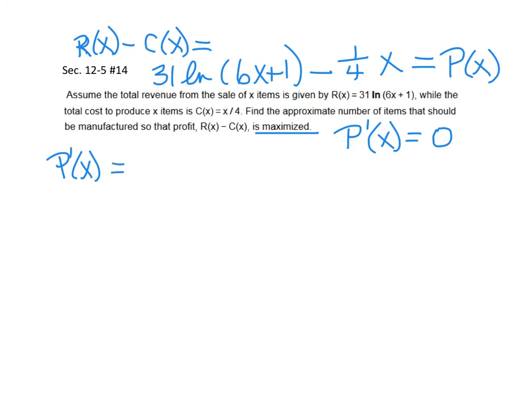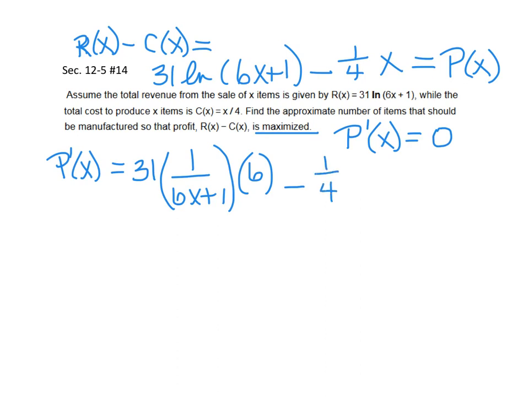is equal to 31 times 1 over 6x plus 1 times the derivative of 6x plus 1, which is 6, minus the derivative of 1/4 x, which is simply 1/4.